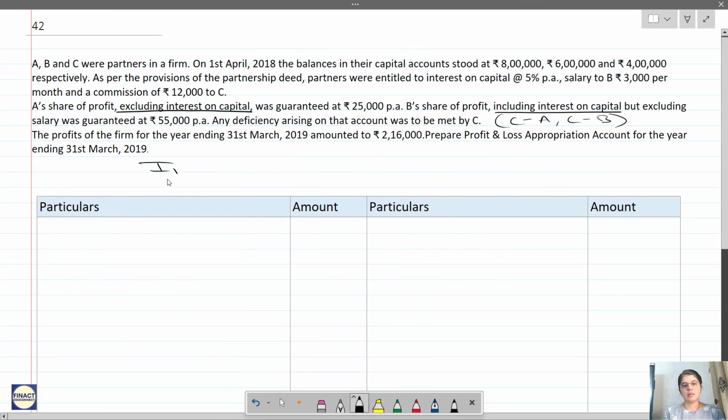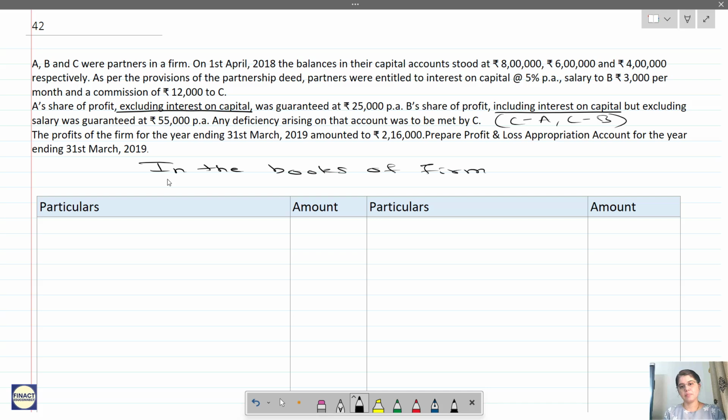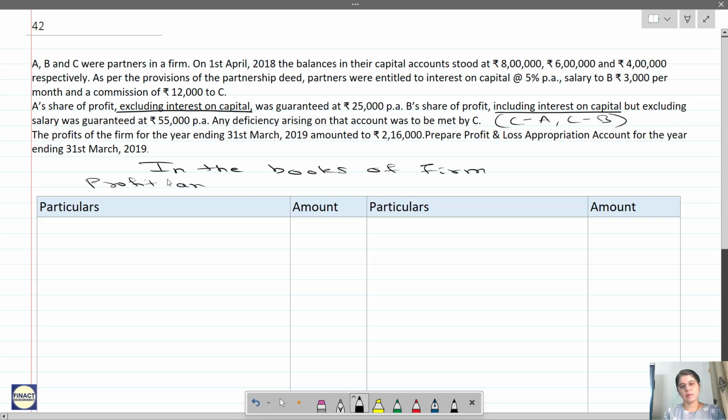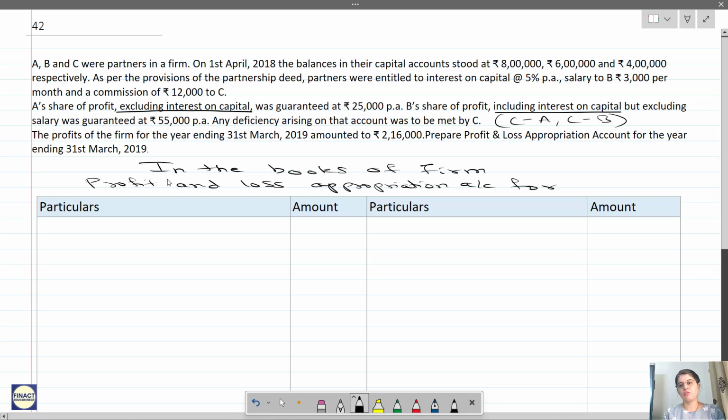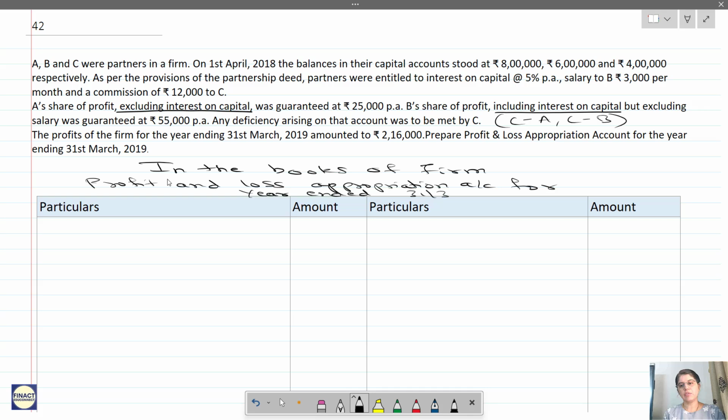Okay. So in the books of the firm, profit and loss appropriation account for the year ended 31st March 19, credit and debit.